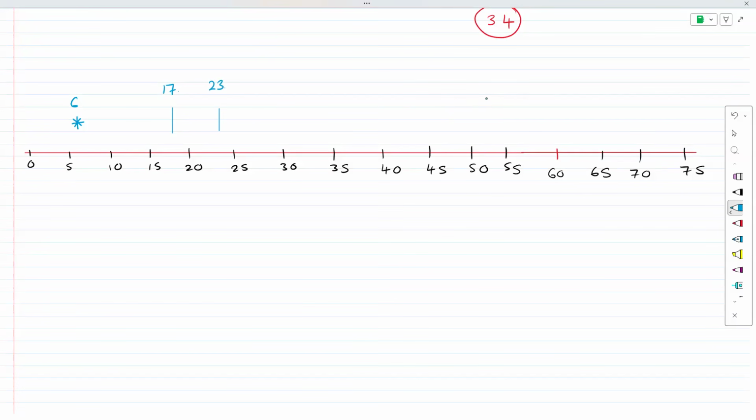Quartile 3 is at 34, which is somewhere there. We can connect these boxes because we've got quartile 1, 2, and 3. Now, the maximum is 72, which is somewhere there, and this data is done, right?